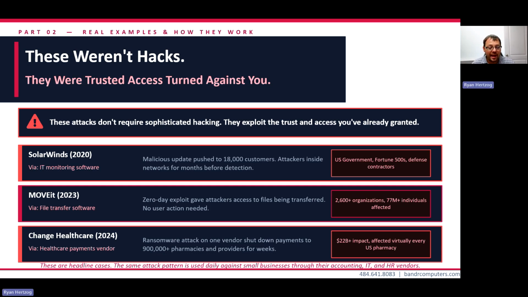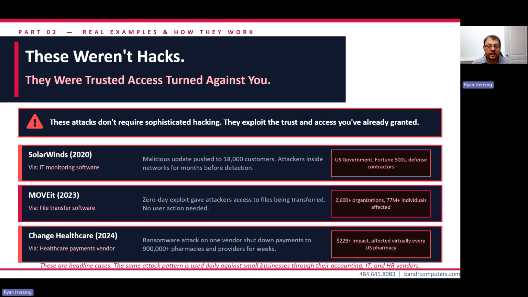And then MoveIt happened back in 2023. It's file transfer software. A zero-day exploit gave attackers access to files being transferred, and there was no user interaction required. A zero-day exploit means a critical flaw was found in the software that criminals could use to gain access without any problems.